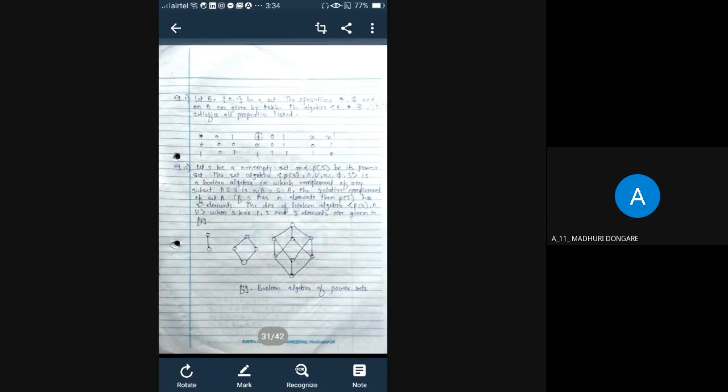Then 0 XOR 1, what is the answer? It is 1, because here 0 is the least element and 1 is the greatest element. So XOR operation means we check for the least upper bound, that is the greatest element, and that element is 1 here. Then 1 XOR 0.